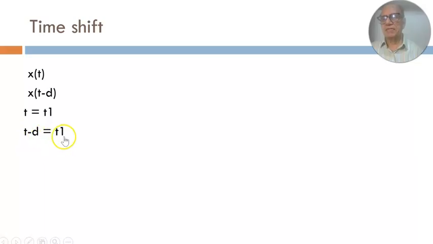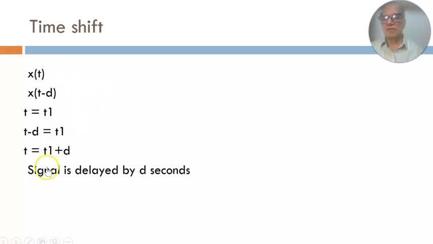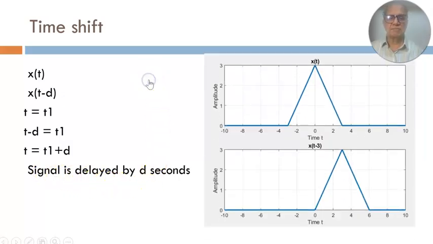So t minus d is equal to t1. In other words, t is equal to t1 plus d, which means at whatever instant the value of x(t) is known, the same value is attained by x(t minus d) seconds later. Doesn't matter which time you are considering or which value you are considering, it's always delayed by d seconds. So as we said, the signal is delayed by d seconds, it shifts to the right.